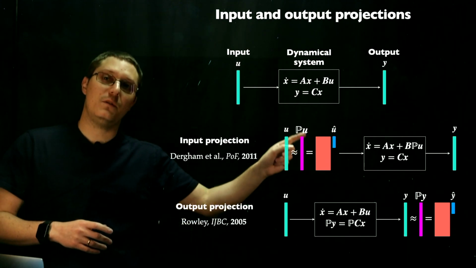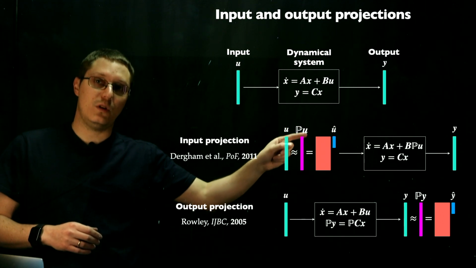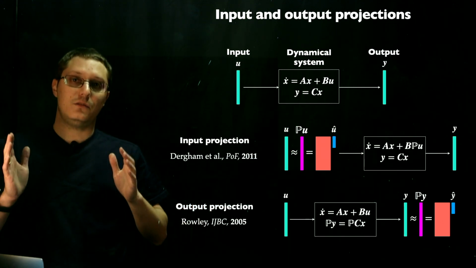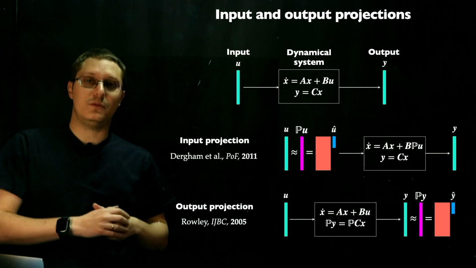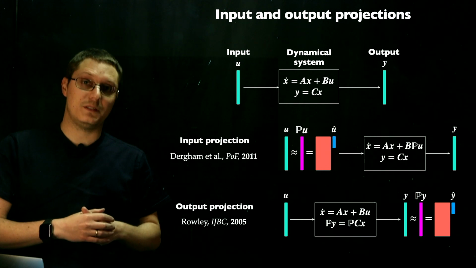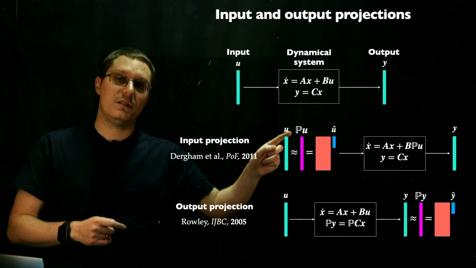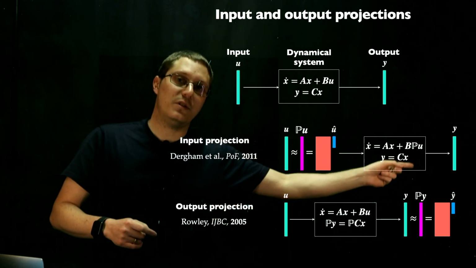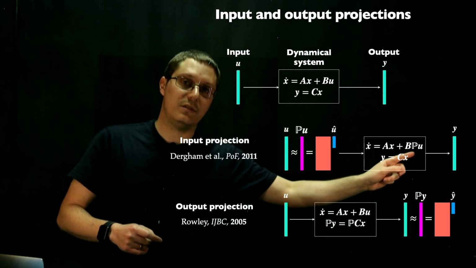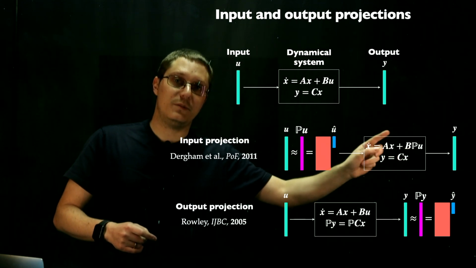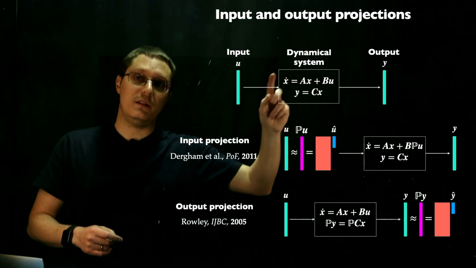And one thing you might be wondering is, well, what's a good subspace, or how do I build this projector to get my high dimensional inputs into a lower dimensional subspace? And the idea is that you build this projector such that the response of this modified system, so here I have the projection, you want the response of this system to be close to the response or the output of the original system.